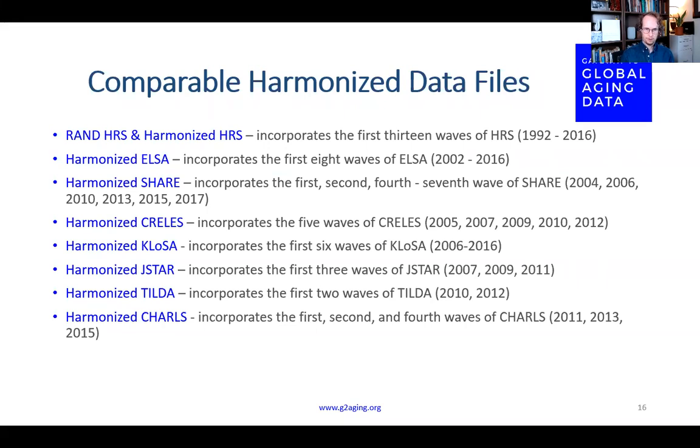Also the harmonized ELSA for England, the harmonized SHARE for Europe and Israel, the harmonized COLS for Costa Rica, harmonized KLoSA for South Korea, harmonized JSTAR for Japan, harmonized TILDA for Ireland, the harmonized CHARLS for China. And we'll also shortly be releasing the harmonized LASI, which will incorporate the wave one or the baseline data for LASI, which is the sister study in India.